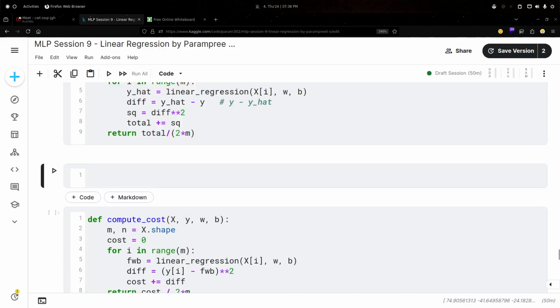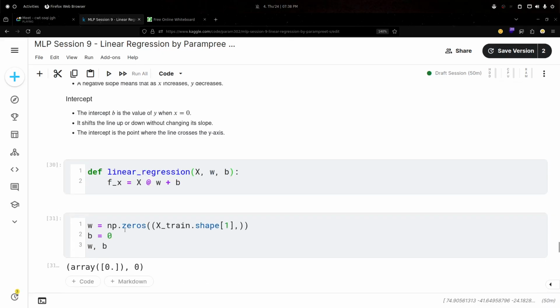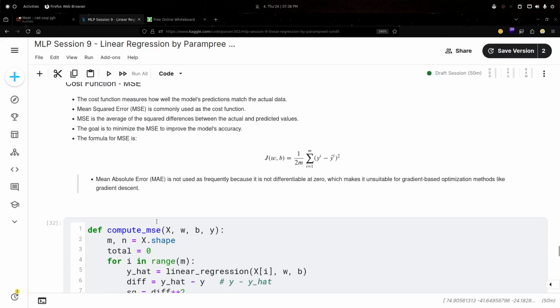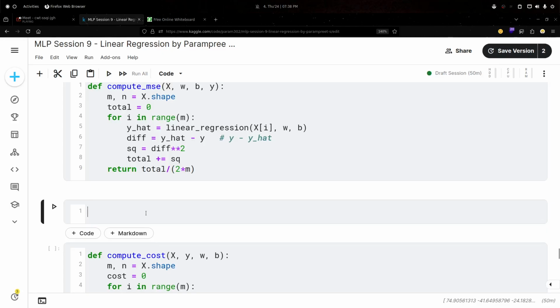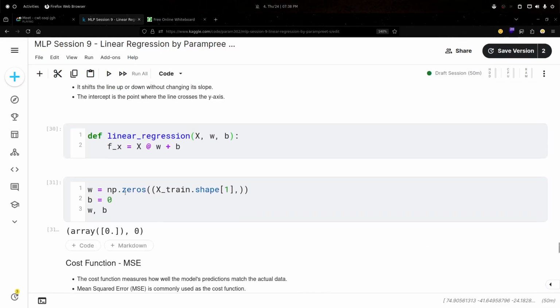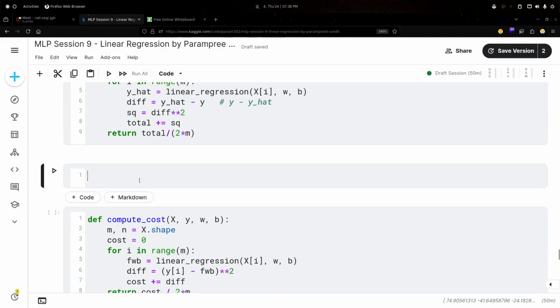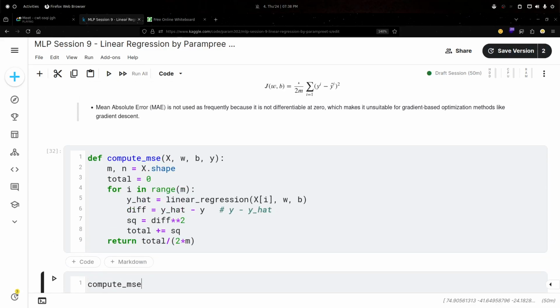Now I can check the error we have based on the weights we have initialized. I can simply write compute MSE, and pass X train, W as well as B, and Y train.